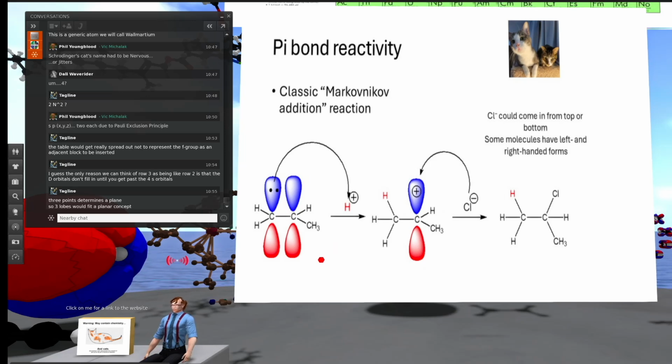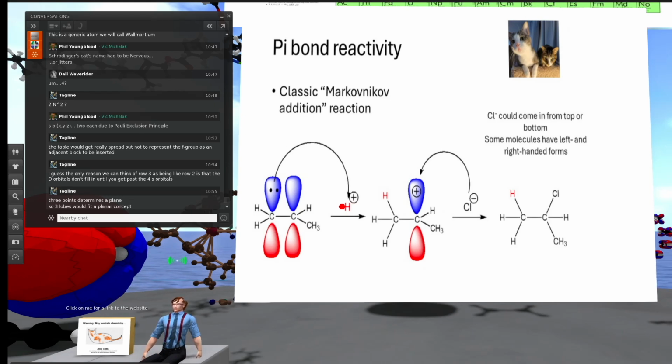One thing that we talk about in a classic organic chemistry class is taking, here I've got 3 carbons, like a methyl group off of my double bond, so I can talk about something important. That electron density up in the pi bond can grab onto an H+, an acid.